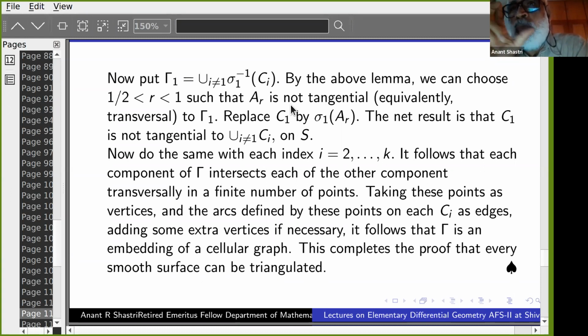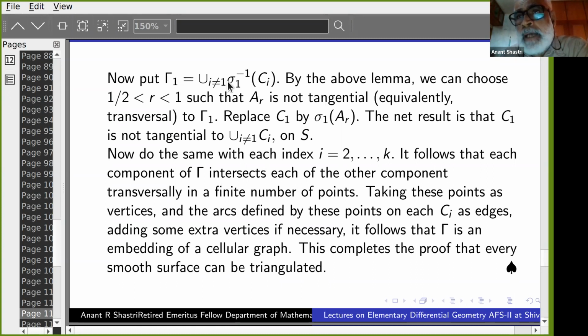So look at one of the patches. Instead of looking in the surface, where what is happening may be difficult, you just take the inverse image inside the disk in the plane. So gamma 1 is sigma 1 inverse of this Ci, where i is not equal to 1.